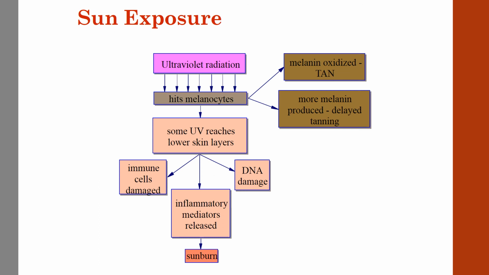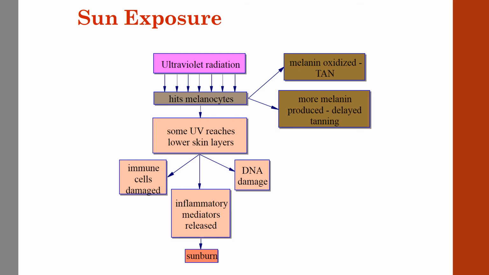Okay, so sun exposure creates ultraviolet radiation, of course, which causes the damage. And how it starts, it goes to melanocytes. Tanning is a response to reduce ultraviolet radiation. So melanin is oxidized, skin gets darker, lets less light go in, and more melanin does the same thing.